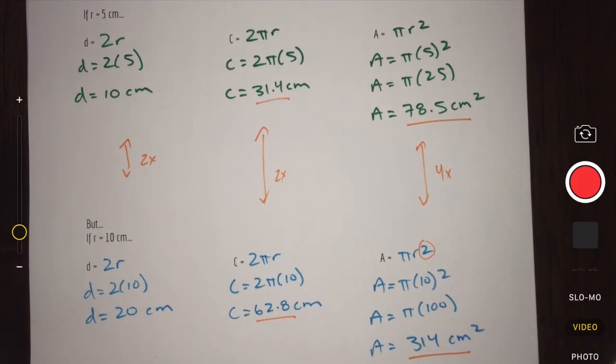So because we are no longer working in a linear fashion, that is why we are changing the relationship between how those numbers are related. So if I double the radius, I'm going to get twice the diameter. If I double the radius, I'm going to get twice the circumference. But if I double the radius, my area is actually going to increase by a multiple of 4.